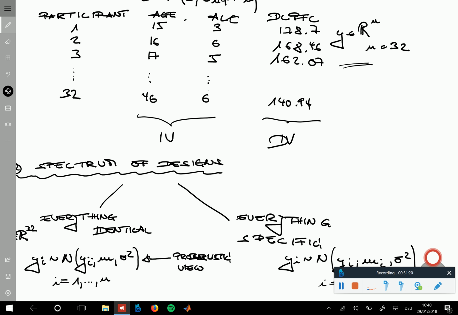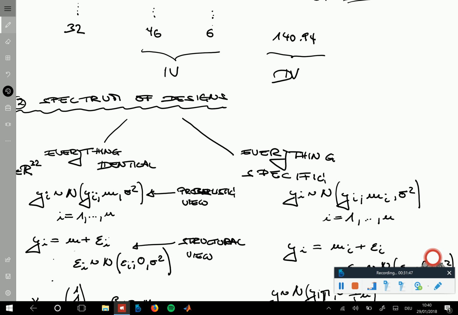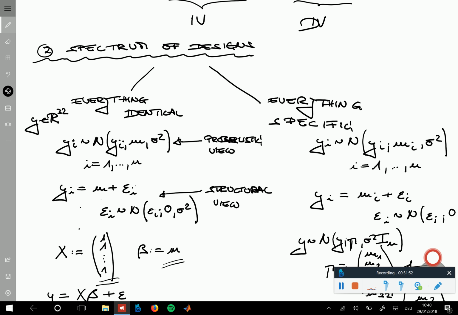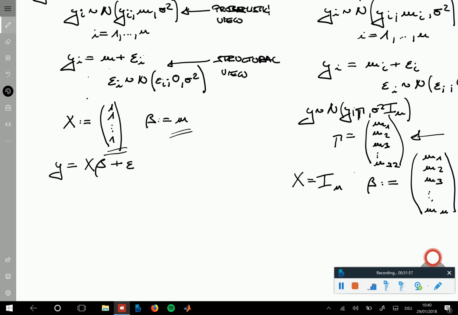In this case, these m_i are not in any way related to the age and alcohol factors, because if they were, we would have talked about it, and we will talk about it. You're not using the information that you have, but just come up with idiosyncratic expectations for each random variable that models a data point.